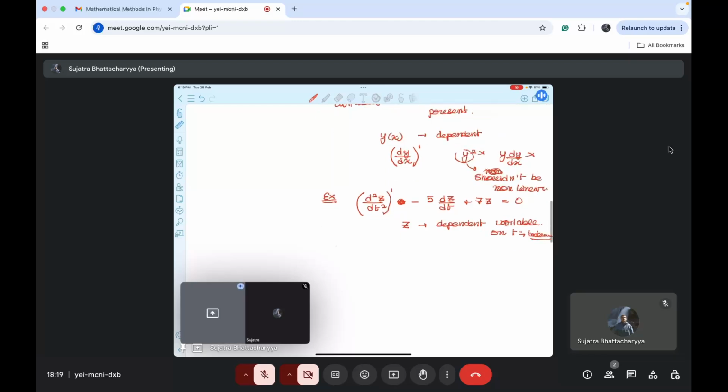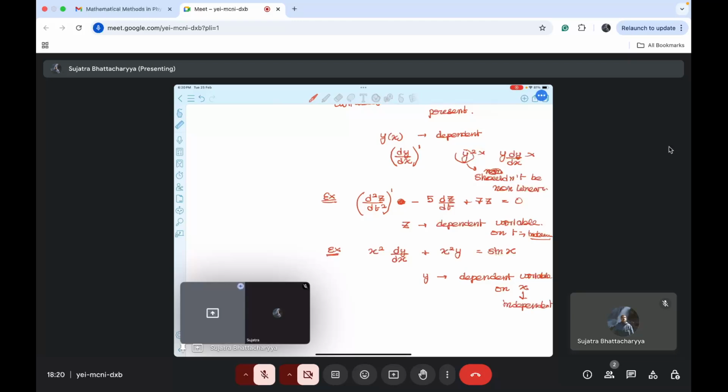Okay. Next, example 2: suppose x square dy by dx plus x square y is equal to sin x. This is also a linear differential equation. Why? Because here y is the dependent variable on x, so x is independent.